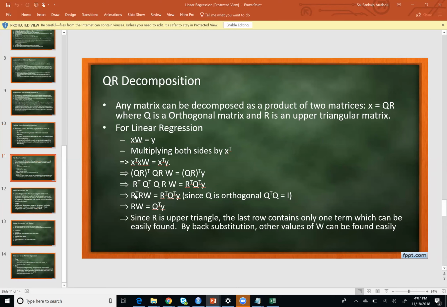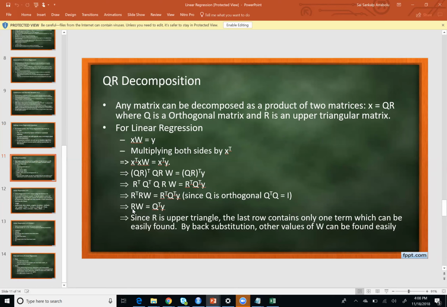If you cancel R transpose on both sides, it becomes a simple equation where R W equals Q transpose Y. Since R is an upper triangular matrix, the last row will only contain one term, which can easily be found. The reason we did this is because matrix inverse is a really difficult operation, right? That's why they do QR decomposition to find out what W is.